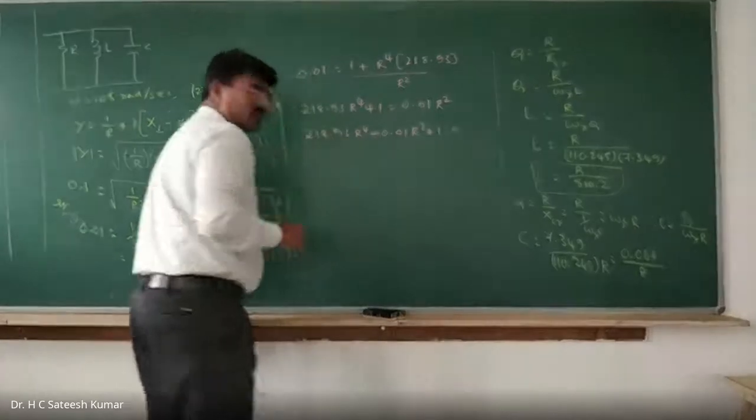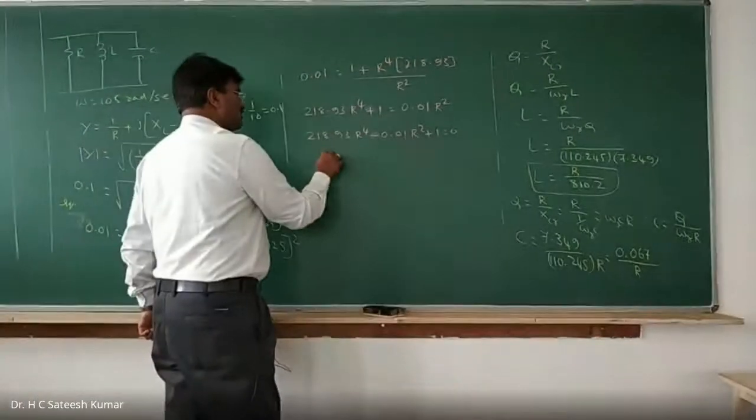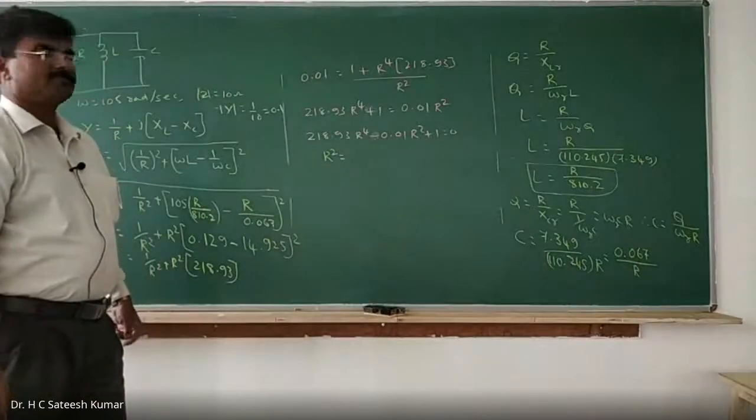And find out this quadratic equation here. Let us solve the quadratic equation. We will get the solution in terms of R square. It is a quadratic equation in R square.